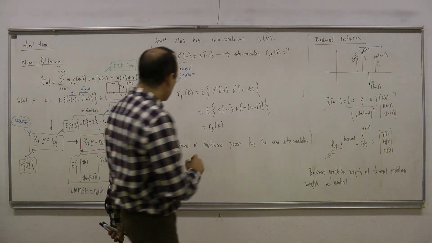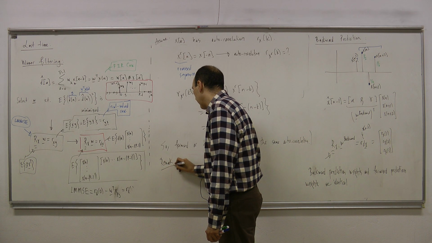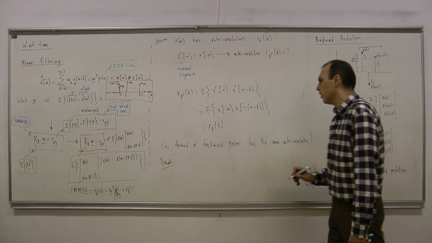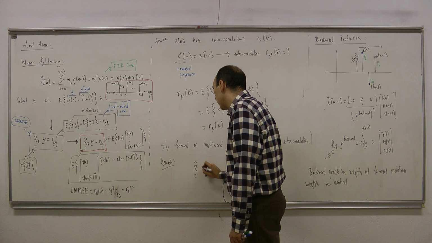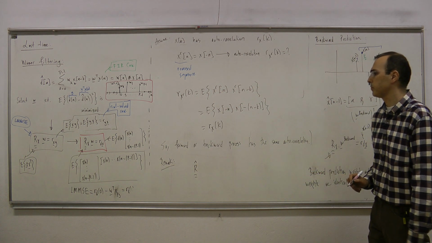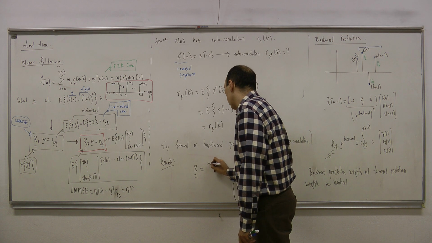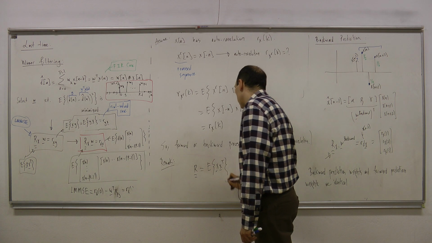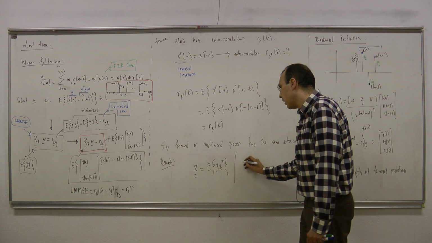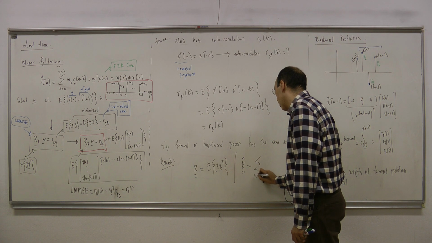So let me write a remark. Okay, so assume that you want to estimate, even though we haven't studied this, the autocorrelation matrix. So this is what? The autocorrelation matrix is the expected value of x x transpose. Okay? So we haven't studied this one, but let's say that I have an estimator like that for the autocorrelation matrix.